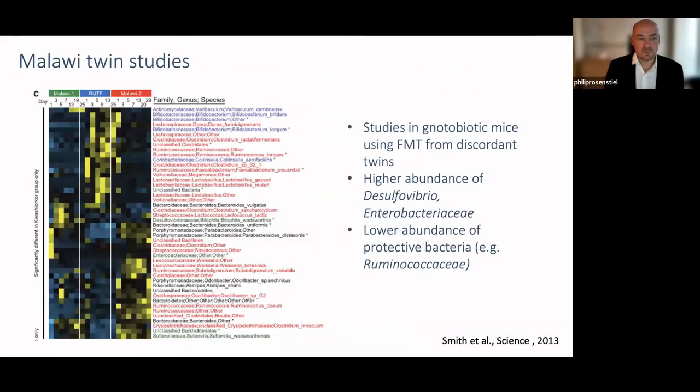Again, I've alluded to Jeff Gordon. There are many studies here, and that's just one of them, using FMT, fecal microbial transfer, from discordant twins, for example, one of them having kwashiorkor and the other not, clearly showing that certain bacteria are higher in abundance in this state, and this actually leads to transfer of the phenotype when you bring that into gnotobiotic animals.